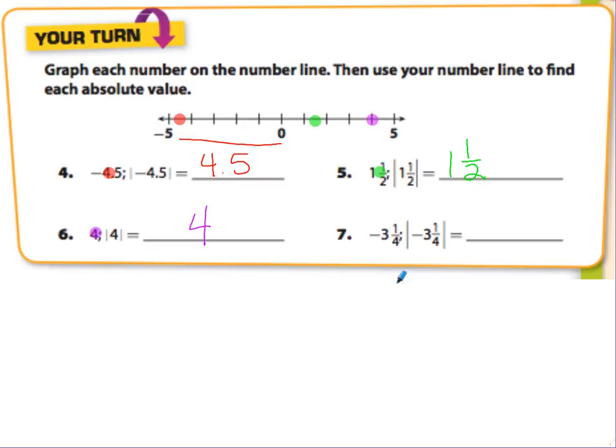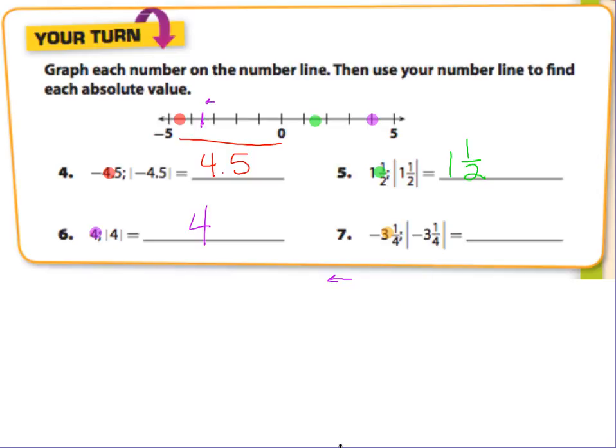And last but not least, I have -3 1/4. Now, -3 1/4 is going to be a little bit harder because halves are really easy. But when I'm talking about fourths, I have to think about cutting these into smaller pieces. So I know that it's going to be past -3 because -3 1/4 is going to be further to the left because it's further away from 0. So 1, 2, 3, so it's going to be more this way. Well, 3.5 is going to be halfway.